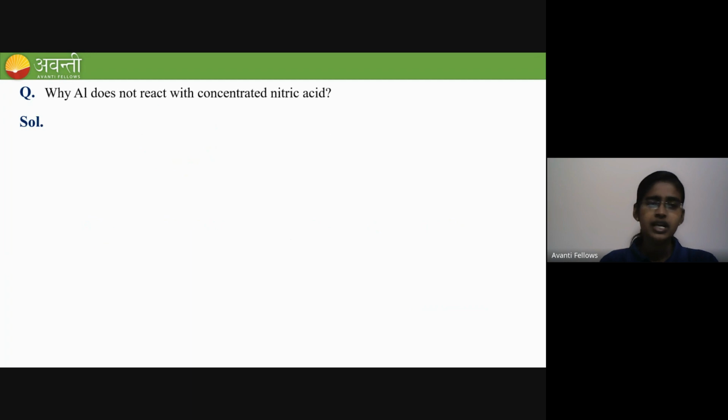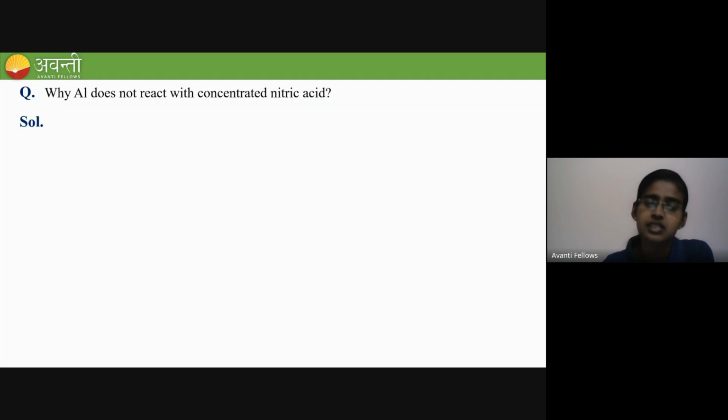Why does aluminium not react with concentrated nitric acid? In one of the points we discussed that aluminium does not react with concentrated nitric acid. Can anyone guess the answer? Why doesn't it react with nitric acid?